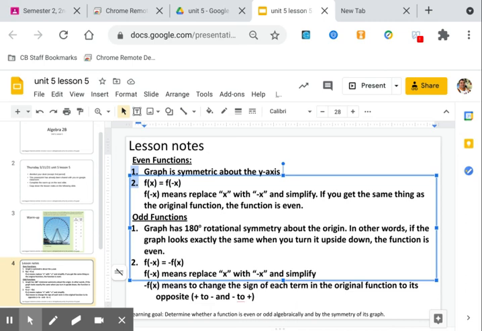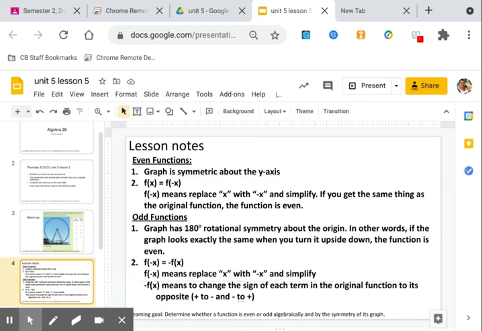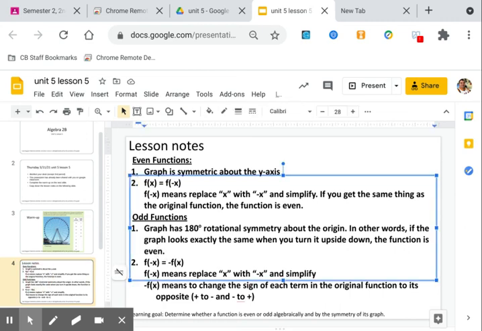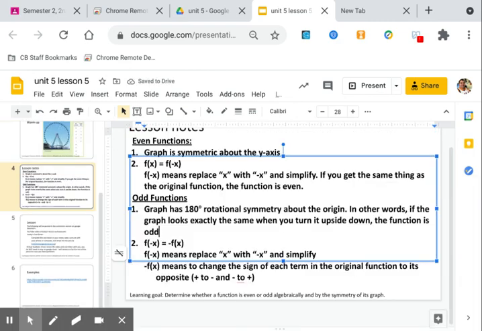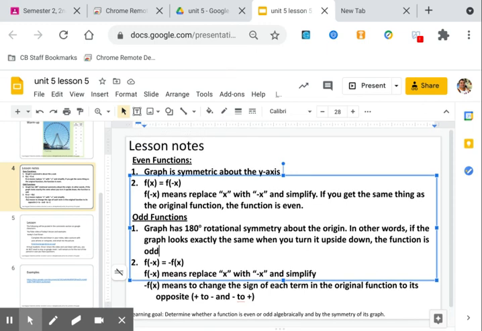In other words, if the graph looks exactly the same when you turn it upside down, the function is, and this is actually a typo, that should say odd. So the function is even if it's symmetric about the y-axis. The function is odd if it has 180-degree rotational symmetry. In other words, the graph looks exactly the same when you turn it upside down.